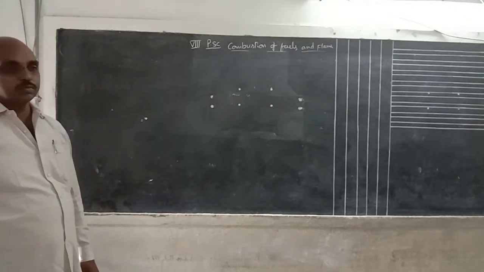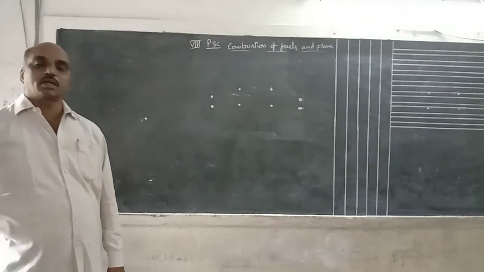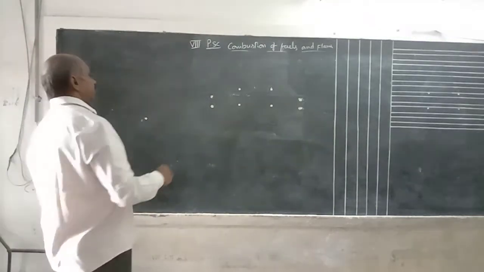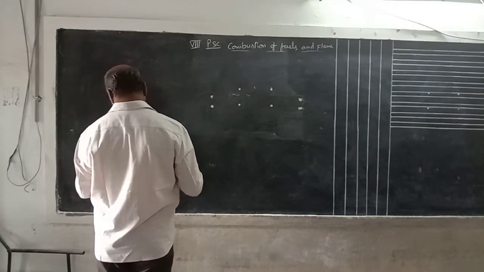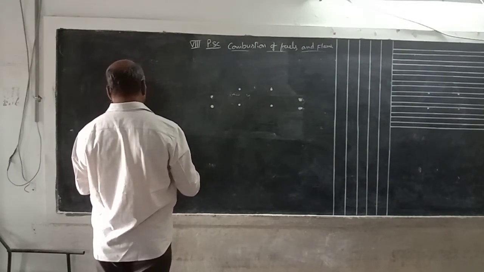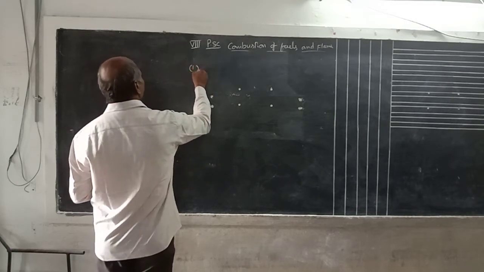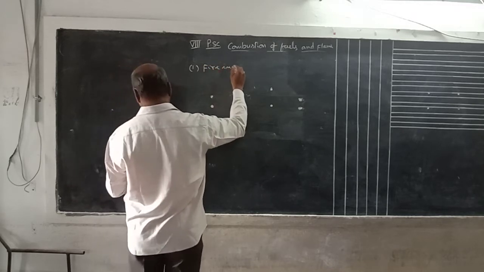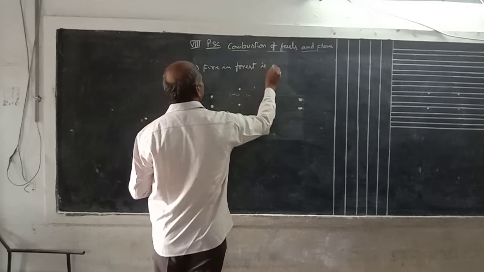Okay, among fuels, some are combustible, some are not combustible. One question is, some materials are combustible. So what is the question? Fire in a forest is difficult to control.